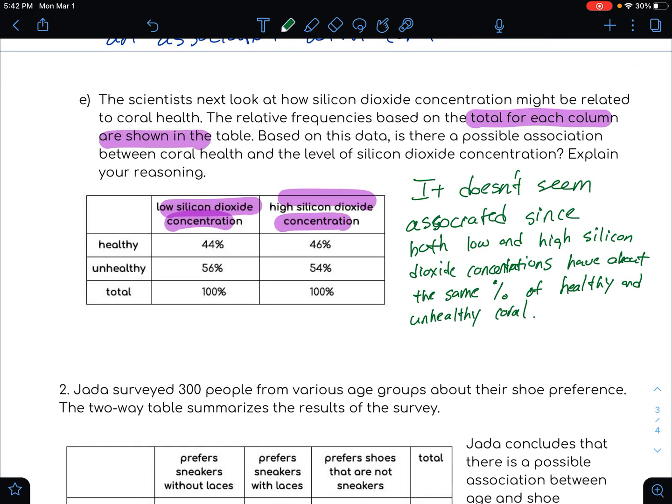So when we compare the two, there just doesn't really seem to be a connection. There's not a big change between the healthy and unhealthy coral depending on low silicon dioxide or high silicon dioxide concentrations.